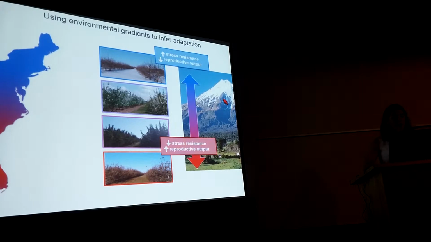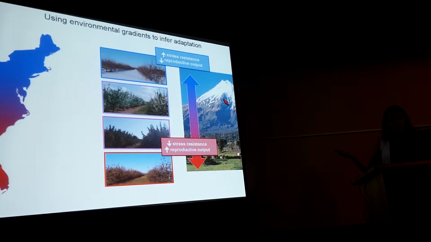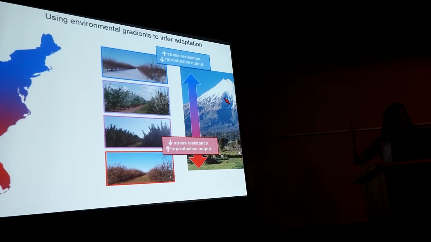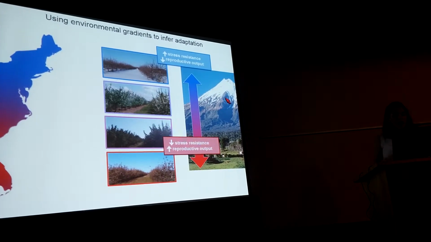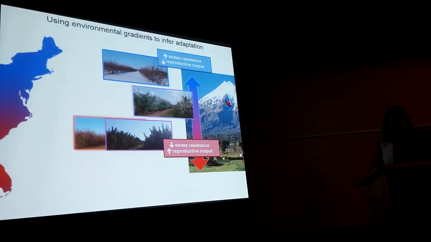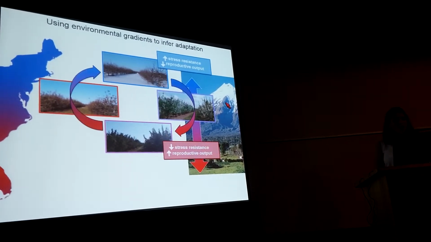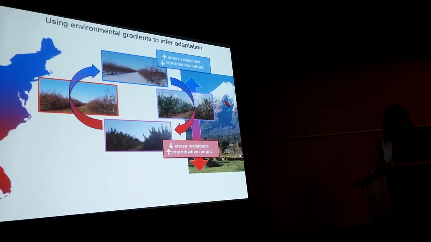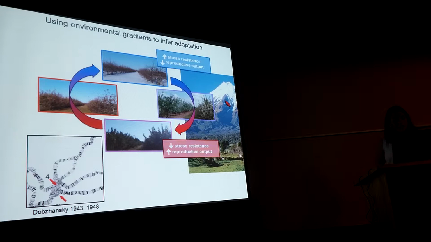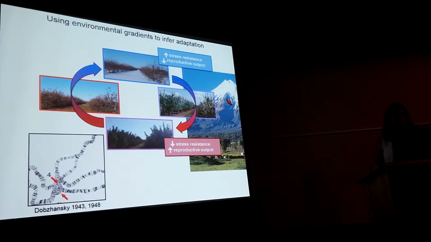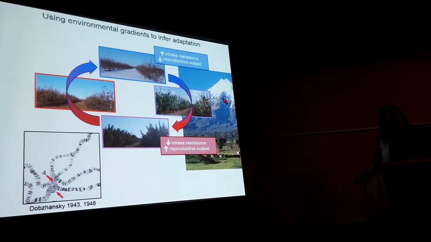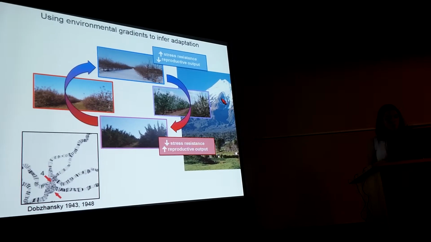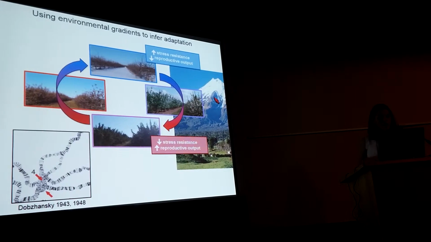And people have frequently looked at parallels across space and found that there are similar selection pressures at high altitudes and latitudes, again, an increase in stress resistance. So we would assume that similar environments would also select for the same sort of traits in a single location across the season. And Dobzhansky actually collected Drosophila pseudoobscura across seasonal time and altitudes, and he saw that there were parallels in frequency of chromosomal inversions.